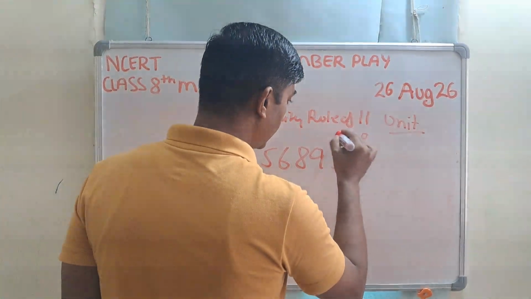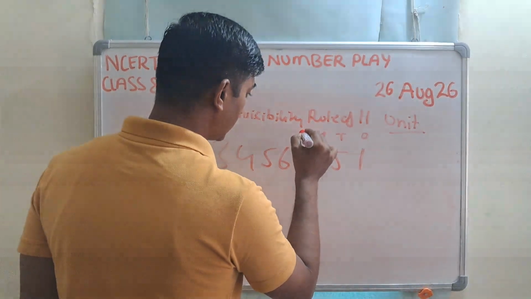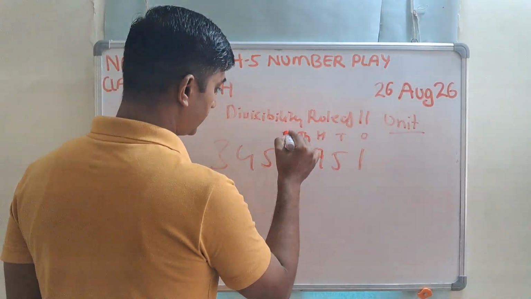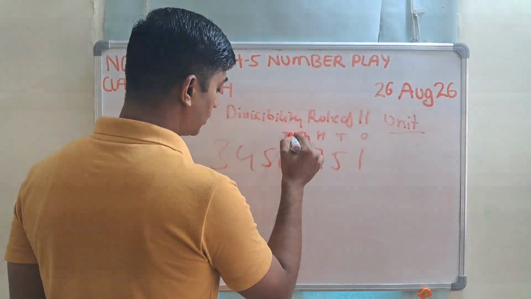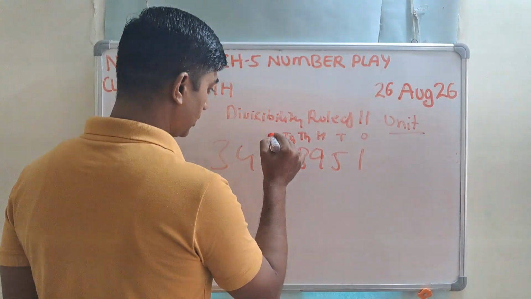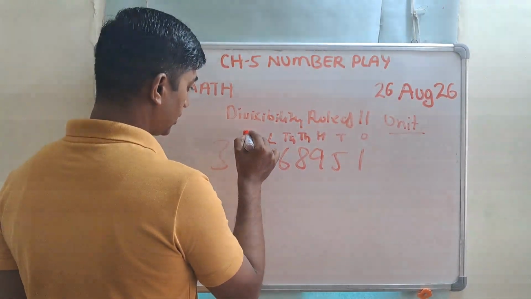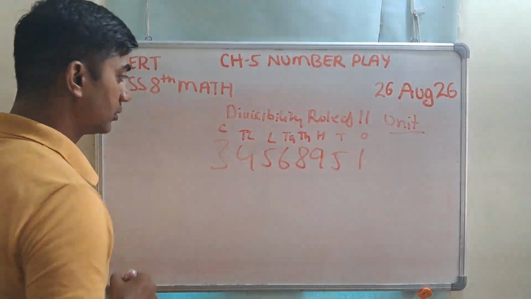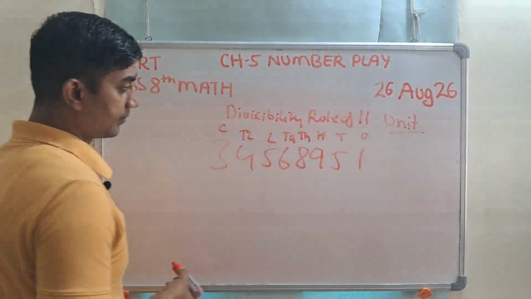Now this is ones, this is tens, this is hundreds, this is thousands, this is ten thousands, we can write it. This is lakh, this is ten lakh, this is crore. Understood? Now we will check alternately.